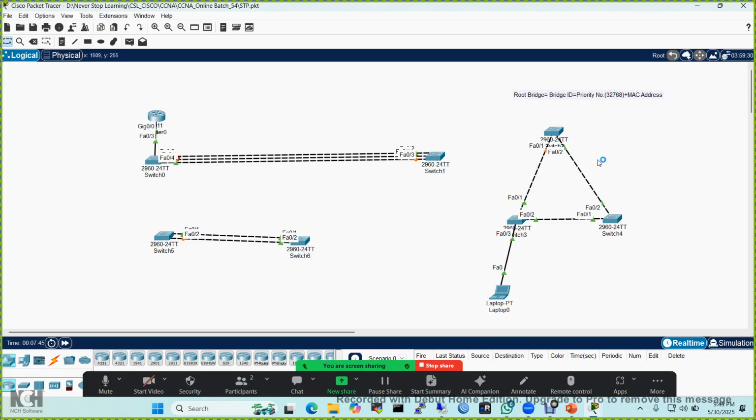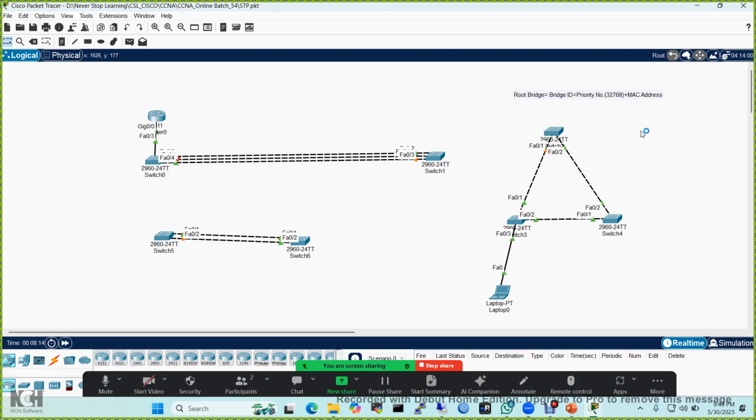Since the priority number is the same for all the devices, now the MAC address will be the tiebreaker for the election. If this switch has the lowest MAC address, this switch will be the root switch. If this switch has the lowest MAC address, it will be the root.